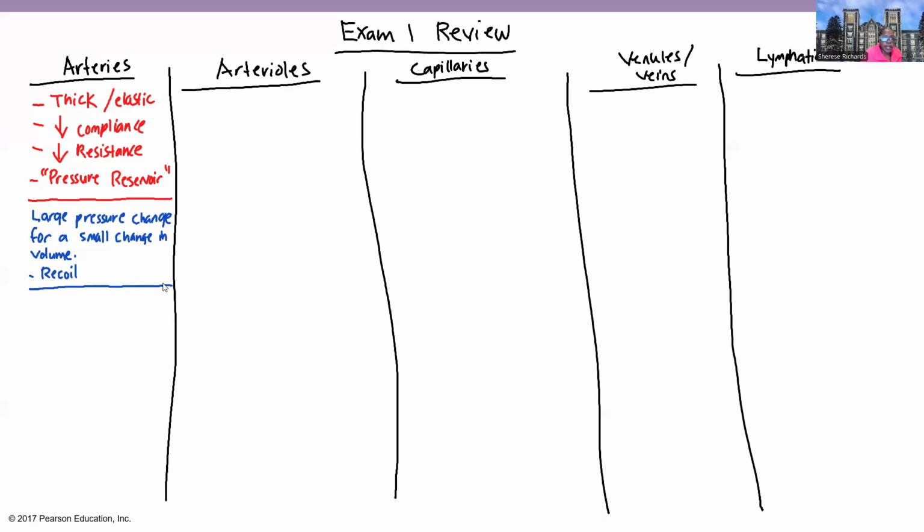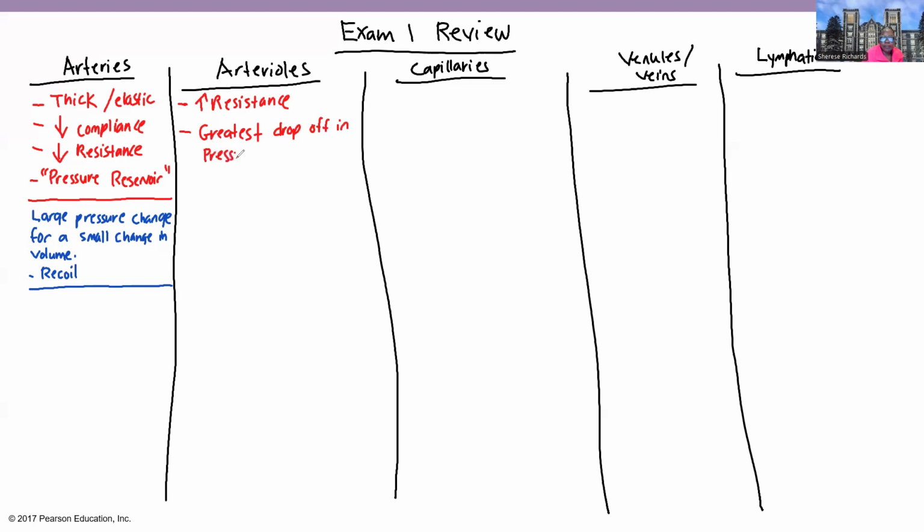And then we also want to think about our arterioles. Here we're going to see high resistance. We also see the greatest drop off in pressure because of that resistance encountered.